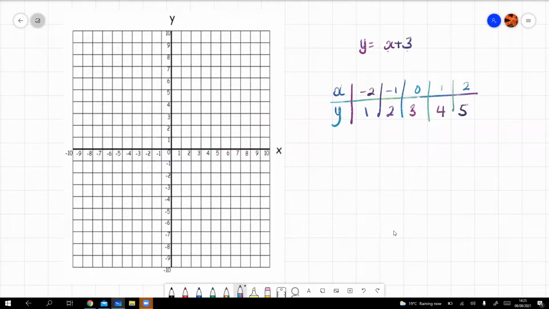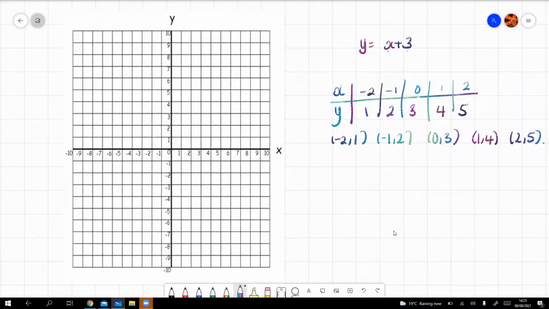Something that might be quite useful for you to do is to write the coordinates down. Remember, x goes first and y goes afterwards. So my coordinates would be minus 2, 1, then minus 1, 2, then 0, 3, then 1, 4, and then 2, 5. Let's plot these.